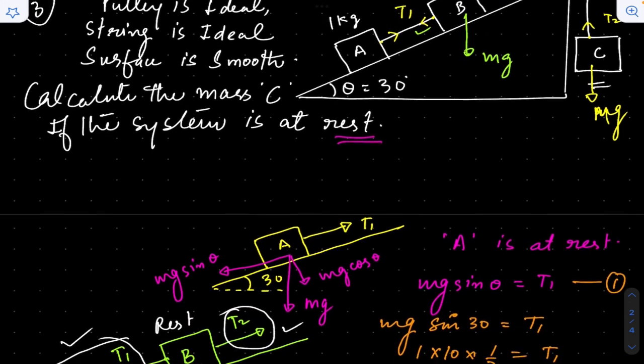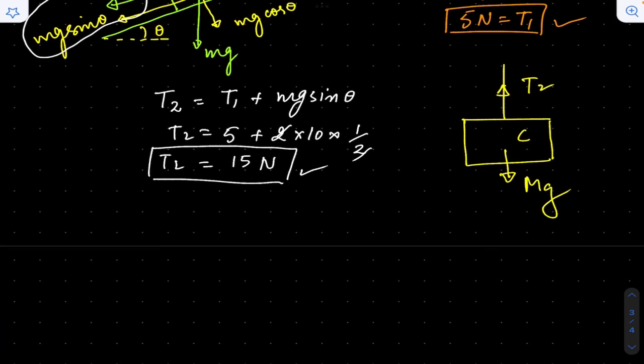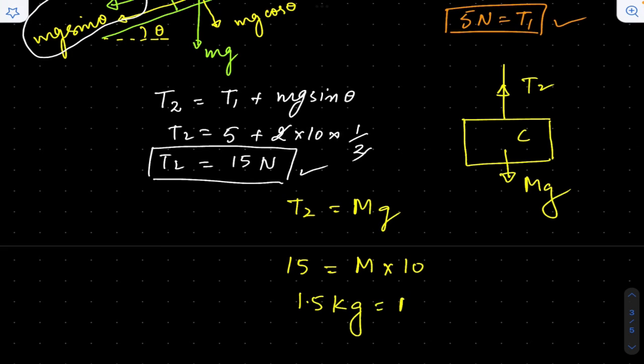Again the block C is at rest. It means that total upward force is equal to total downward force, that is T2 is nothing but Mg, but T2 is equal to 15, g equals 10. So M equals 1.5 kg. This is the required answer of the problem.